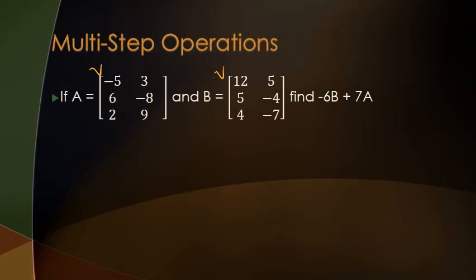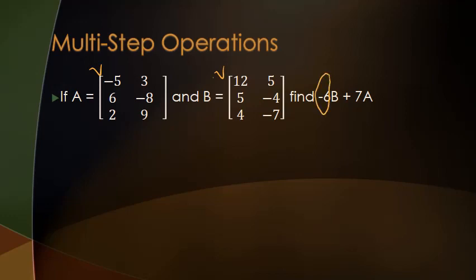Well, the first thing I want to look at and say, okay, do these matrices, in fact, have the same dimensions? Because I'm asked to add -6B. In other words, I'm going to take matrix B and multiply it by the scalar -6.